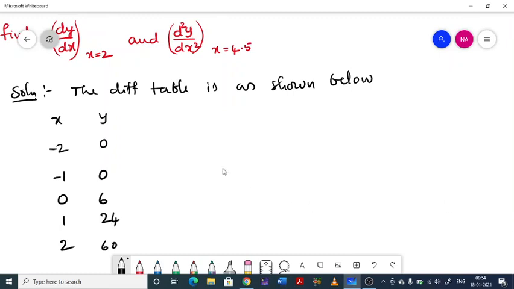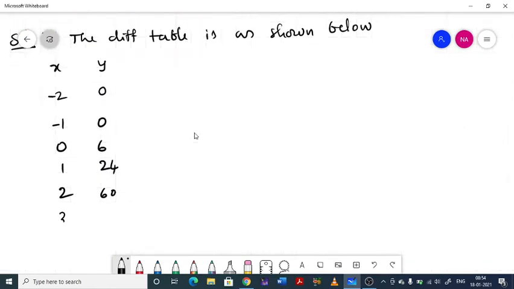Oh, there is one more, 3, corresponding to that 120. First differences.